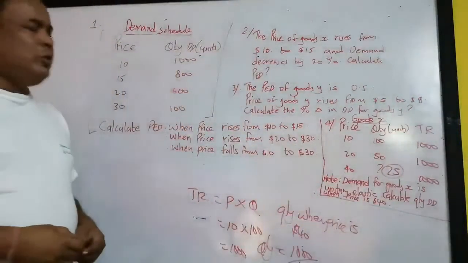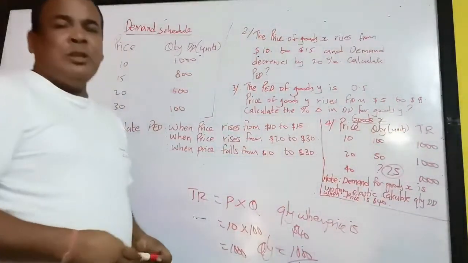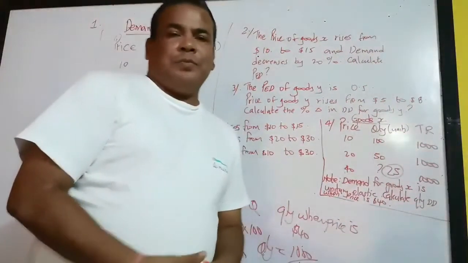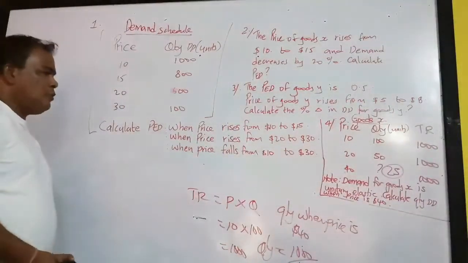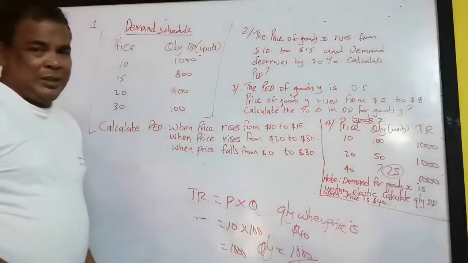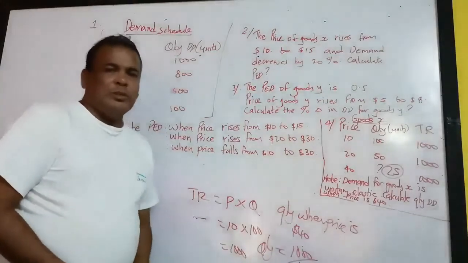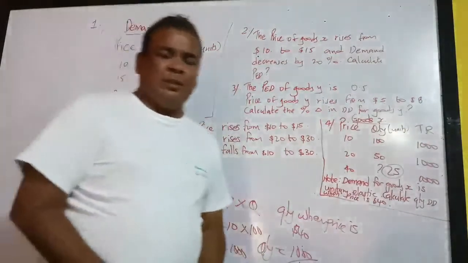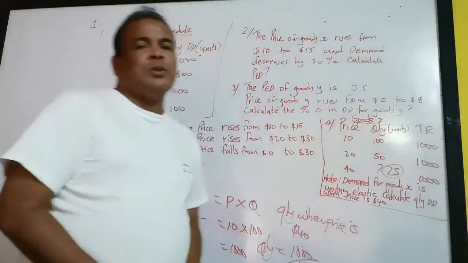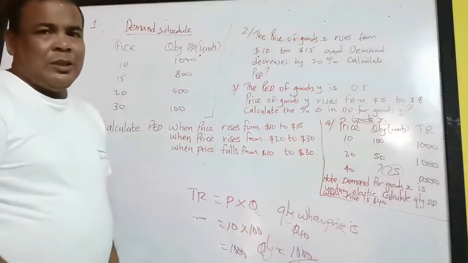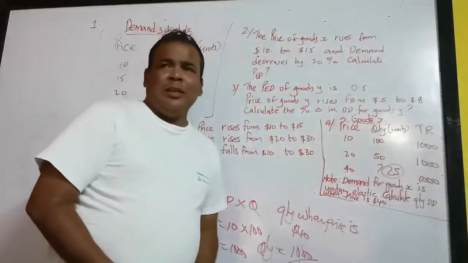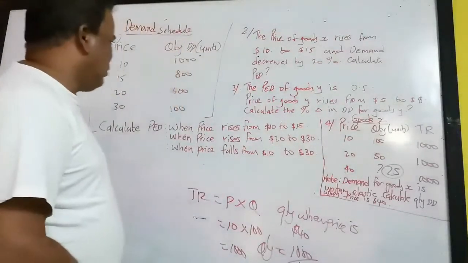So it is important to know that when demand is unitary elastic, the total revenue is constant. So here we are, so far concerning the computation of price elasticity of demand. Many students have problems calculating price elasticity of demand using the proportionate method or even using the percentage method. Now, I think that it is very clear in your mind.